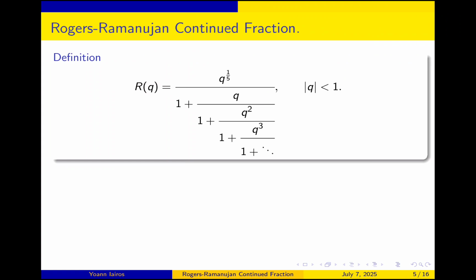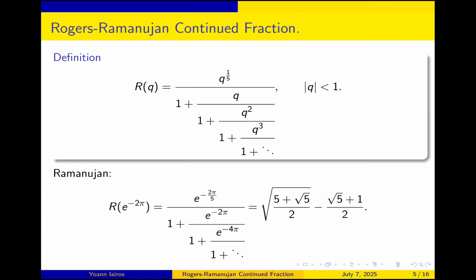And this is perhaps the most beautiful continued fraction in mathematics for many reasons, but one of the reasons is because it has particularly delightful explicit evaluations. For example, the one shown on the screen is the first non-trivial one found by Ramanujan, of course.